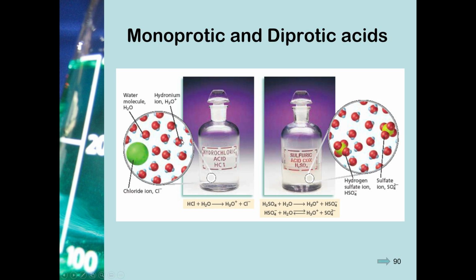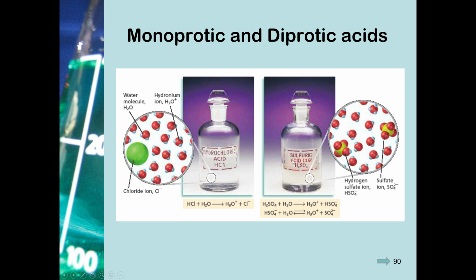That's the hydronium ion, as we see right up here. What was left behind was the chloride, and over here is the chloride with a bunch of water molecules surrounding it, and the positive end of the water molecule is attracted to the negative ion.